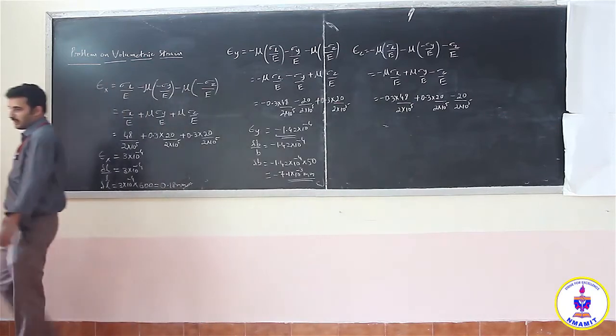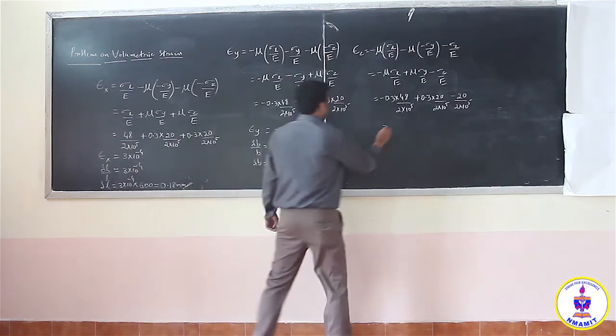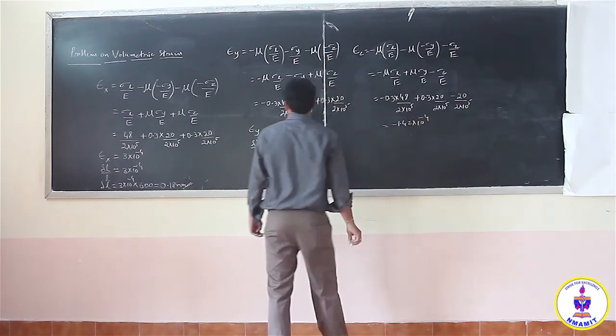So total strain along z direction equals again minus 1.42 into 10 to the power of minus 4.